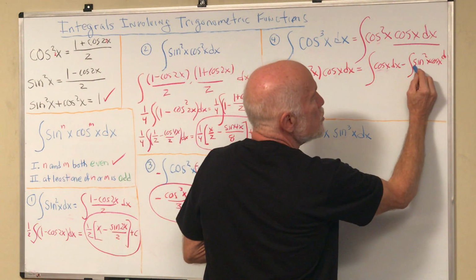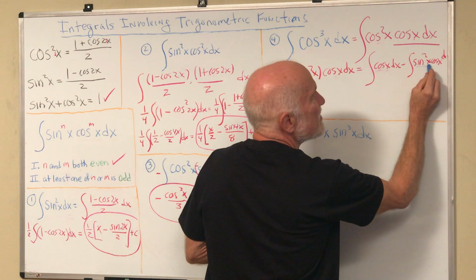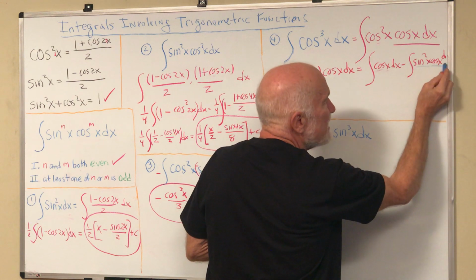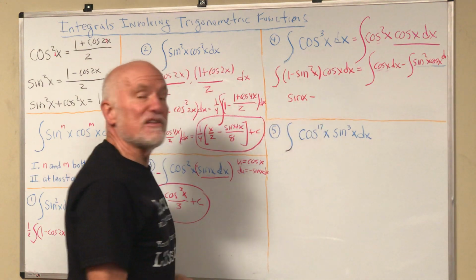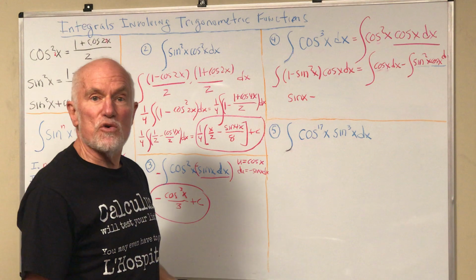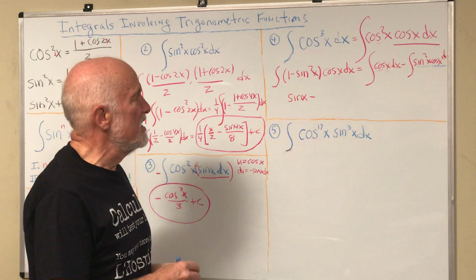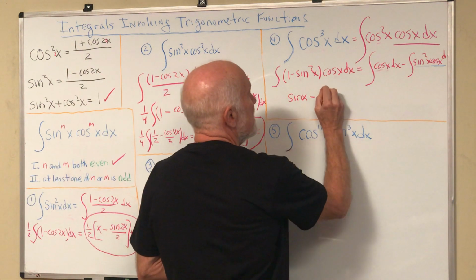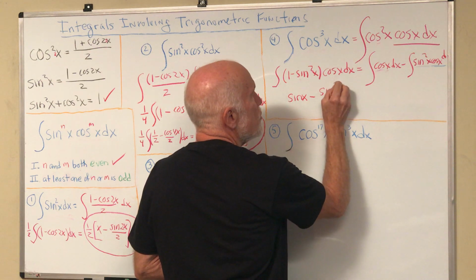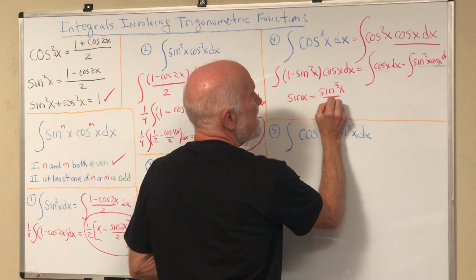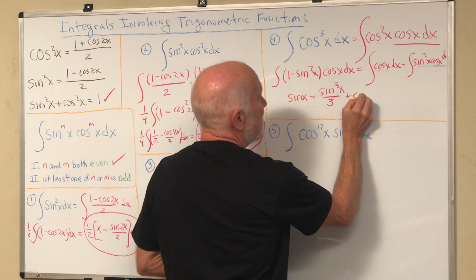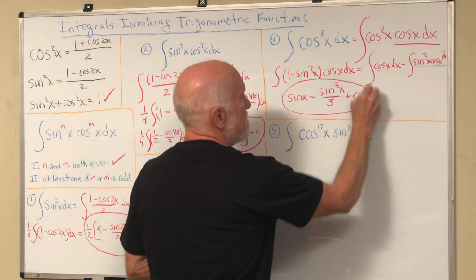If I think of u to be the sine of x, du is the cosine of x dx. So it's exactly in the form of u squared du. I don't have to do any adjustments. So I just get u cubed over 3 plus c. I'm done.